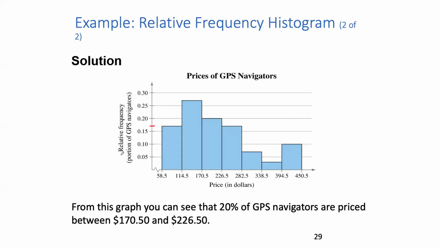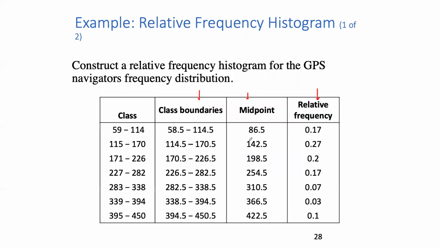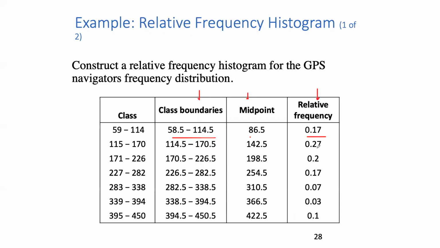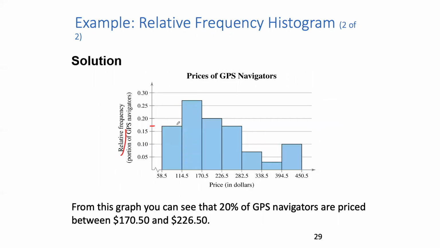Because it is a relative frequency histogram, it's telling me what proportion of the entries are in each class. I'm just using these boundaries and this relative frequency to chart this out. The second class begins at 114.5 and ends at 170.5, and the height here is given by the relative frequency, which I've calculated to be 0.27, and that's what I'm charting here.